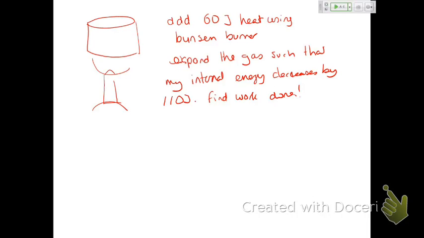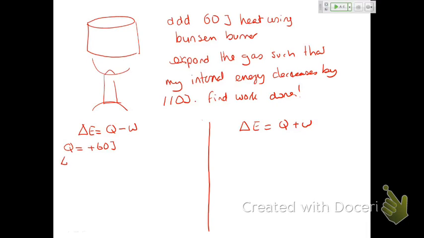So I'll do it both ways. Delta E is equal to Q minus W. That's what I would call the old way. And delta E equals Q plus W, the new way. In this case, I know that Q is equal to plus 60. And I know that delta E is equal to minus 110.